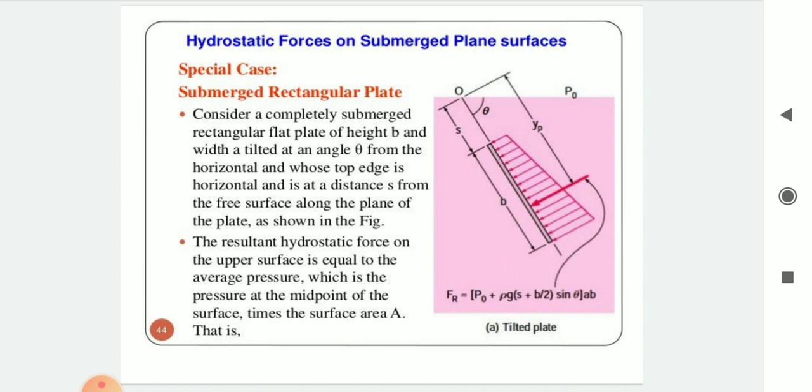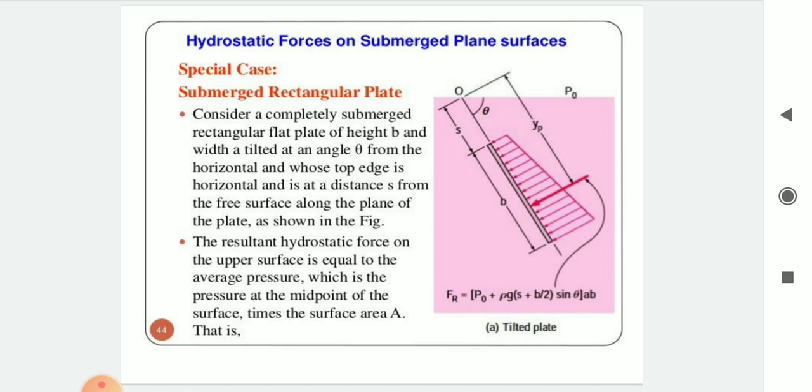Tilted plate is shown here in the figure, and the resultant force for it has been shown. Consider a completely submerged rectangular flat plate of height b and width a, tilted at an angle theta from the horizontal, whose top edge is horizontal and at a distance s from the free surface along the plane of the plate, as shown in the figure.